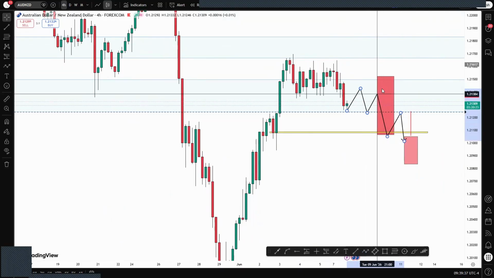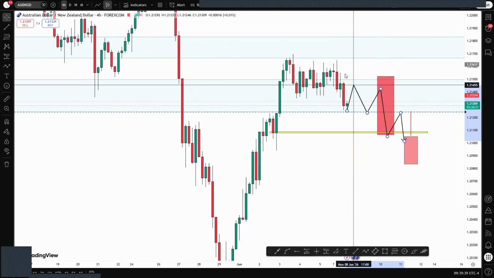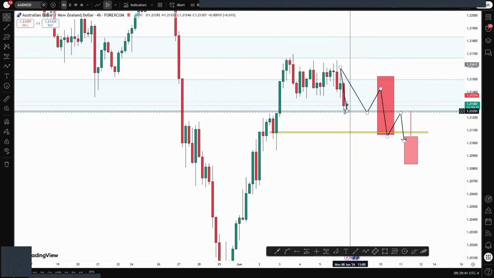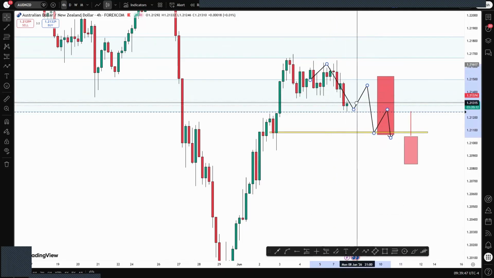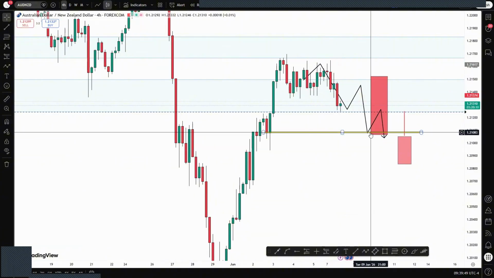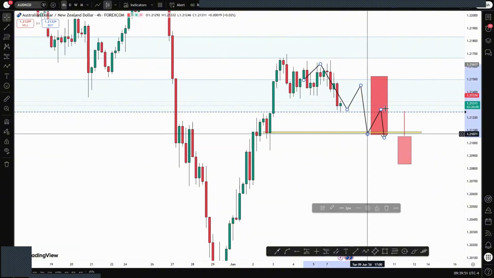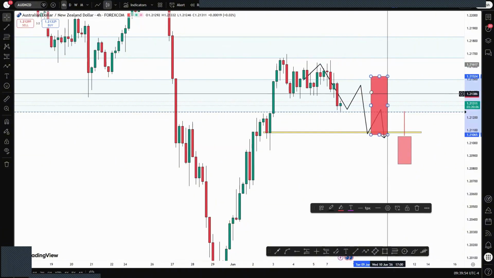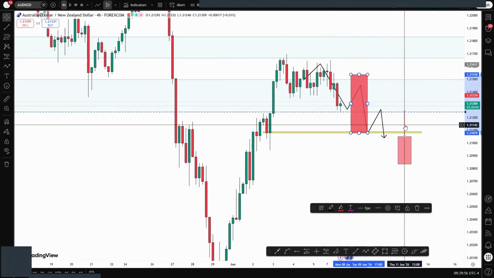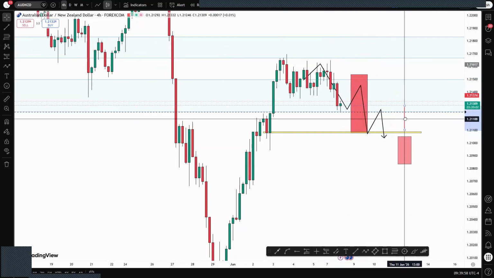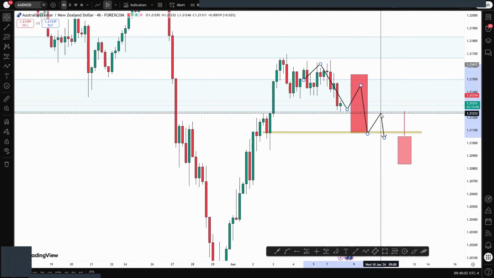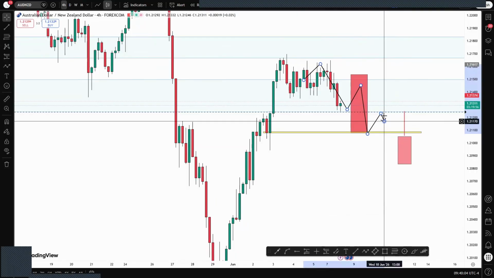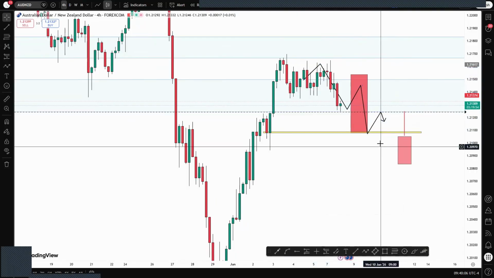Okay. This is what we are looking for. You see, this is what I'm trying to make the market do. Remember, I told you this week's pullback can be this 4 hour retest and at this point an entry position there.